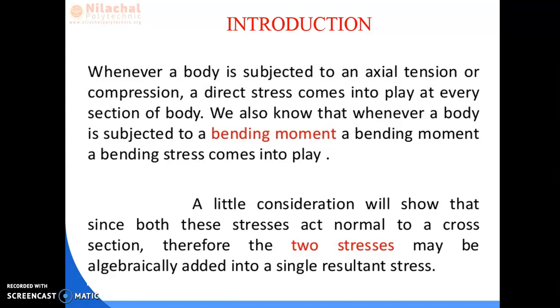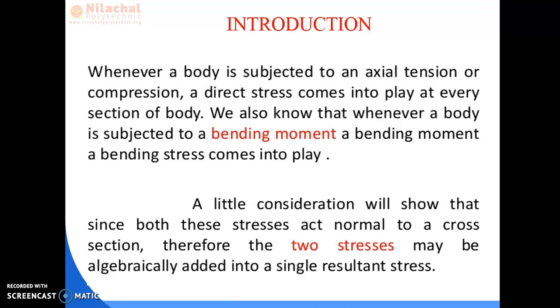When a body is subjected to an axial tension or compression, then direct stresses come into play at every section of the body. But when the body is subjected to a bending moment, then bending stress comes into play, which we have already studied in chapter number 5, Theory of Simple Bending.